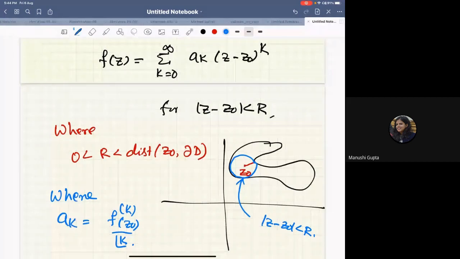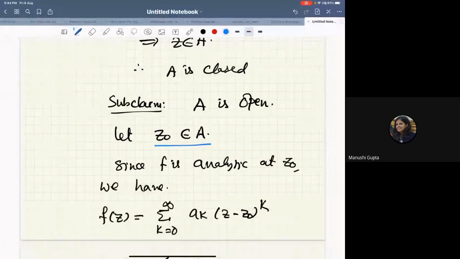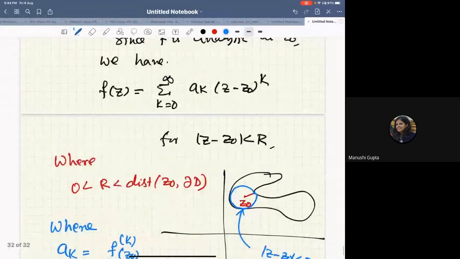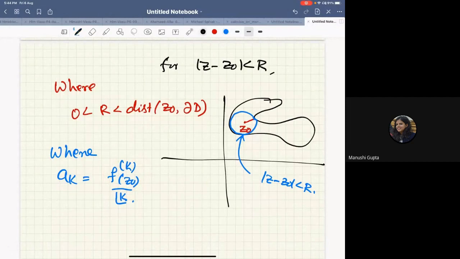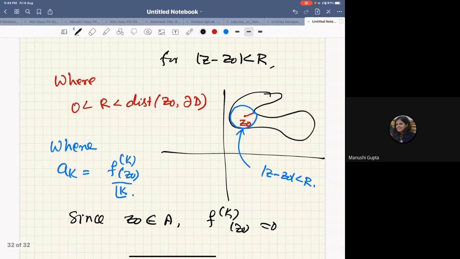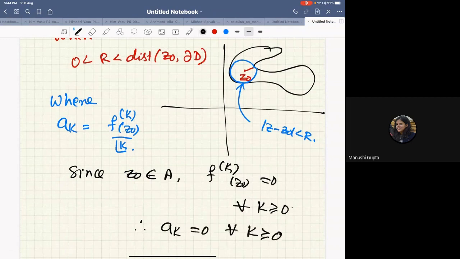Now, what is given? Our Z0 is from the set A. Therefore, F power k of Z0 will be 0, right? So, since Z0 belongs to A, F power k of Z0 will be 0 for all k greater than or equal to 0. Therefore, our ak equals 0 for all k greater than or equal to 0.